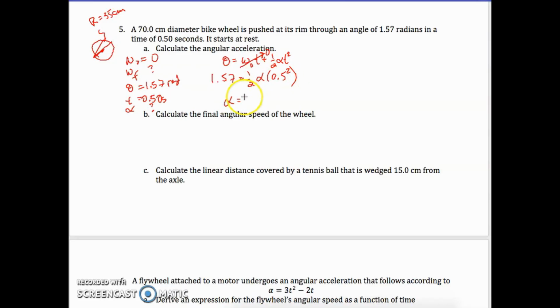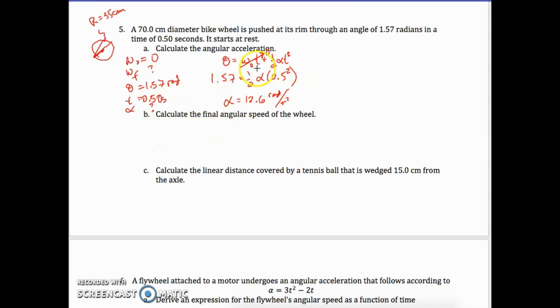So 8 gets us an angular acceleration of 12.6 radians per second squared.